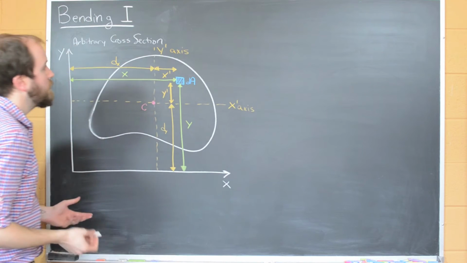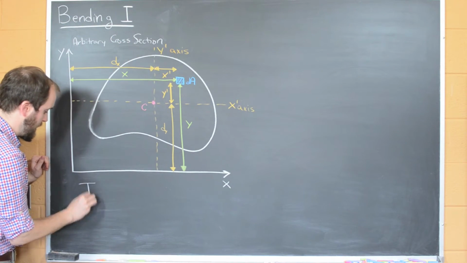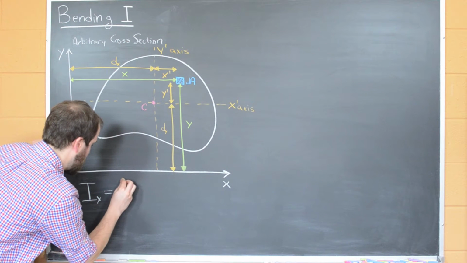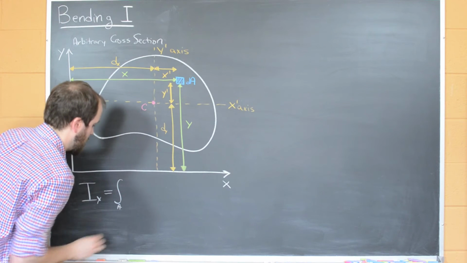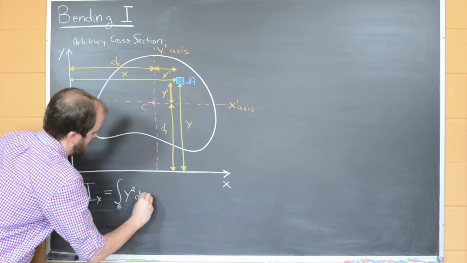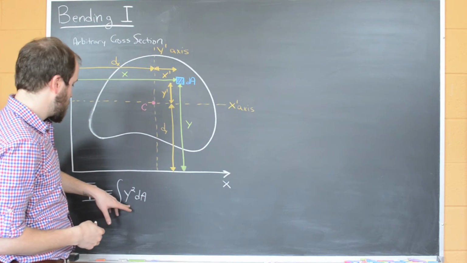And we know from our initial formula of the second moment of area that if we take, say, I sub x, that's going to be equal to the integral of the area of y squared dA. And that was in reference to this y here. We can just redefine this.